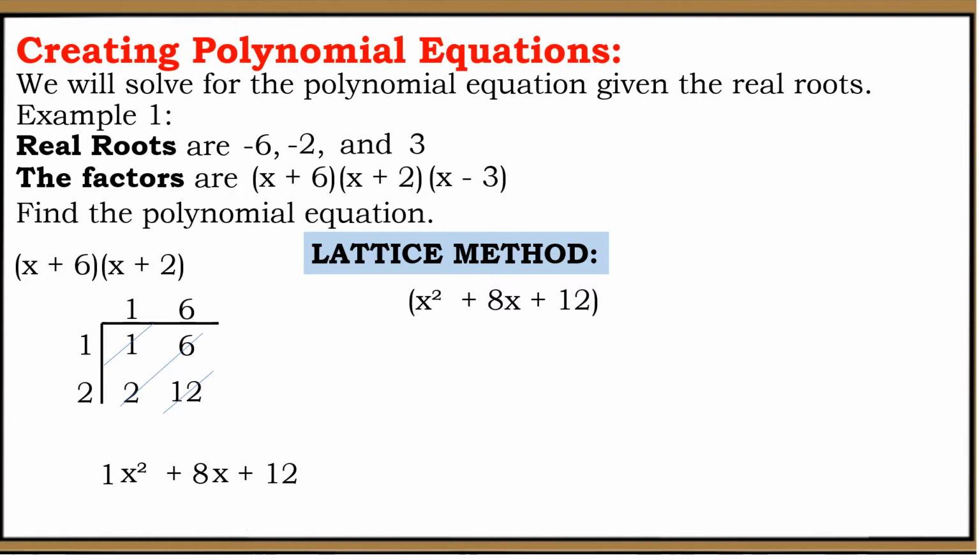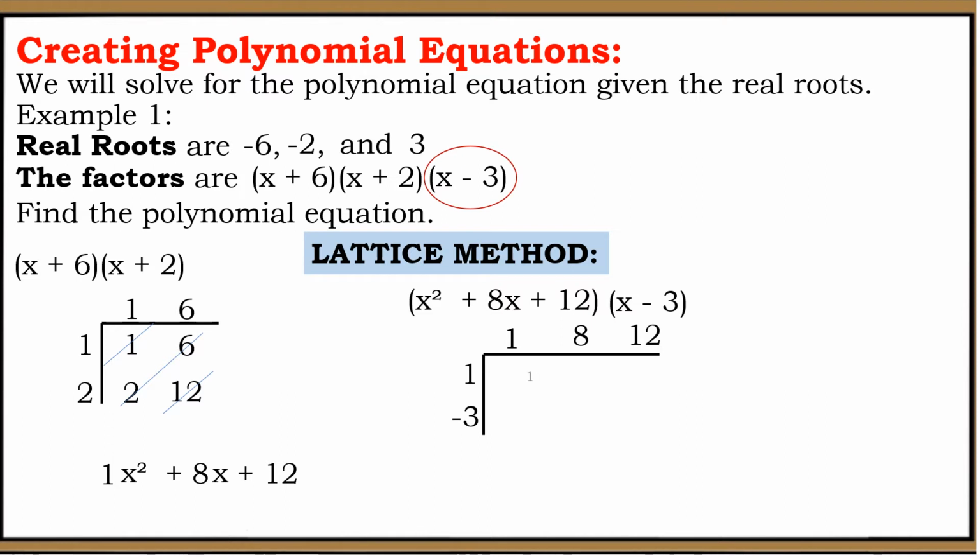So, yung x squared plus 8x plus 12, i-multiply naman natin dun sa naiwang factor, which is x minus 3. So, gagamit ulit tayo ng lattice method. We will write the numerical coefficient of each term. We have 1, 8, 12. Sa x minus 3, ang numerical coefficient niya ay 1 and negative 3.